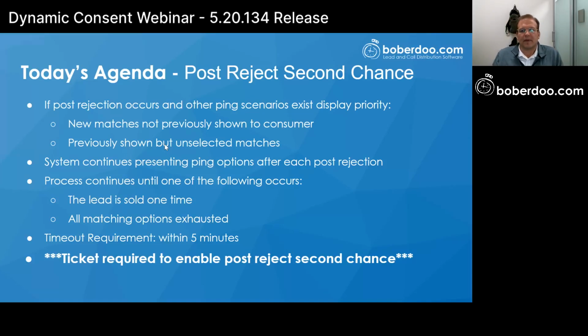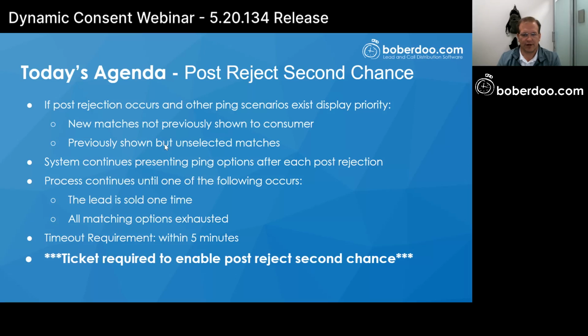The priority in which the post reject second chance is served up, the display priority, is such that new matches that were not previously shown to the consumer are served up first.